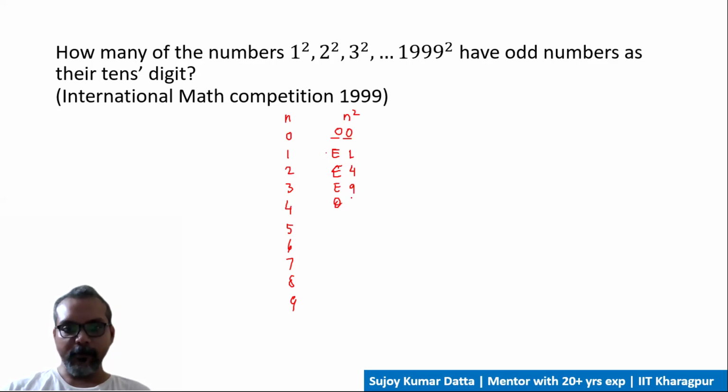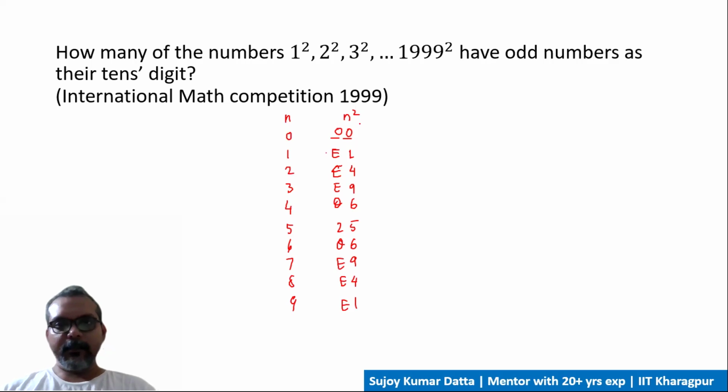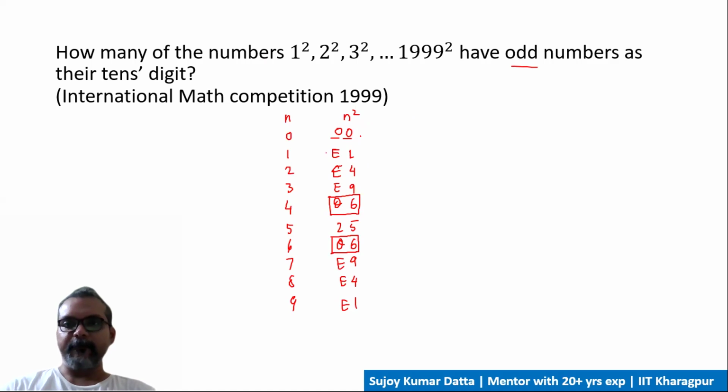And O for odd. So what we end up getting is the tens digit, which is going to have an odd digit, is only possible if the units digit is ending in 6, and thus everything else other than that would always have an even digit in the tens place.